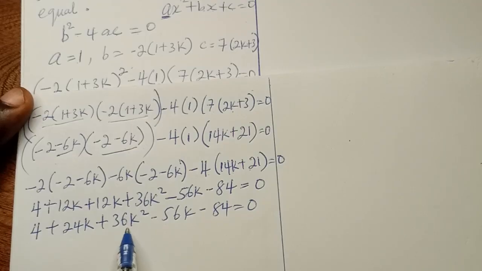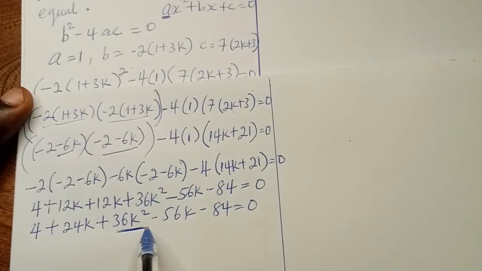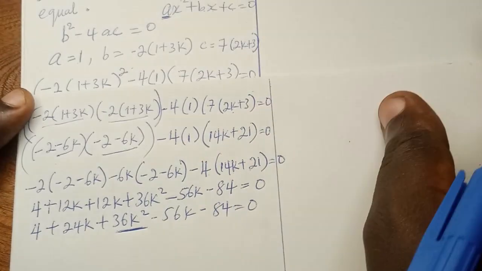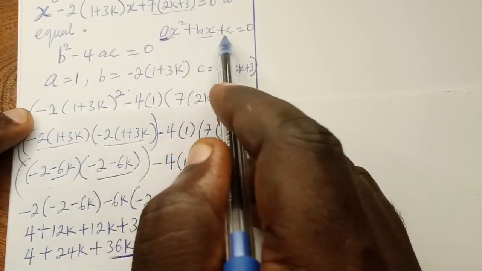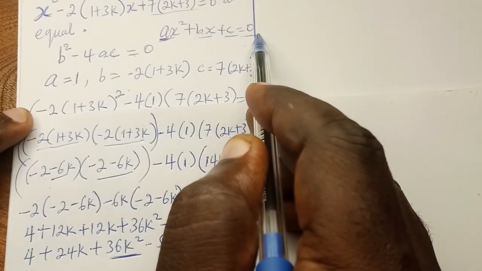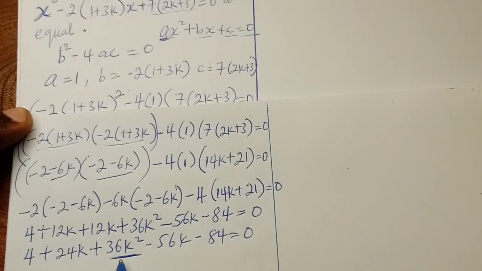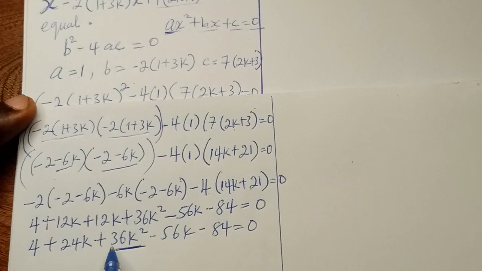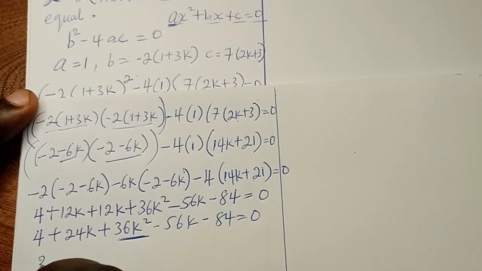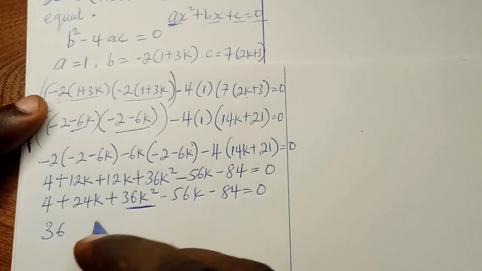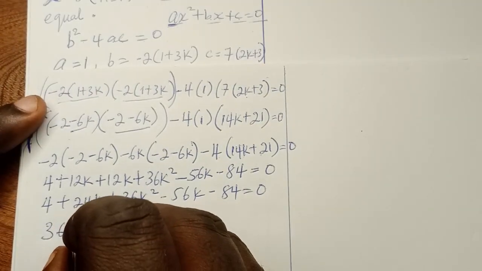And this is 36k square. Since it is the k square that is beginning, as you can see based on our expression which we stated here, ax square plus bx plus c is equal to 0, let's begin with the k square. Let's bring this at the start, 36k square.